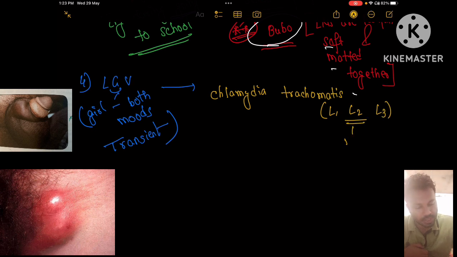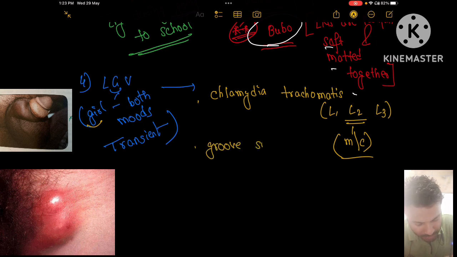L2 is most common. So lymphogranuloma venereum, G stands for girls, L2 is most common, and G here is groin sign. So girls have both moods.